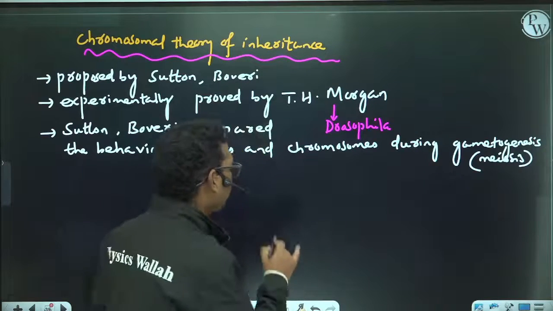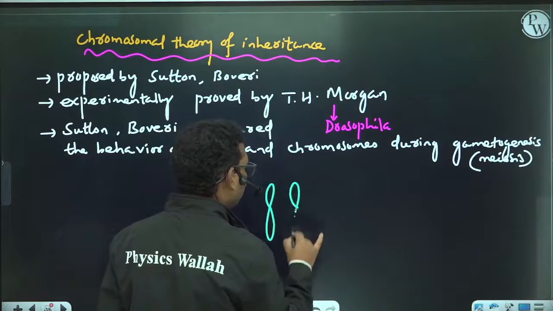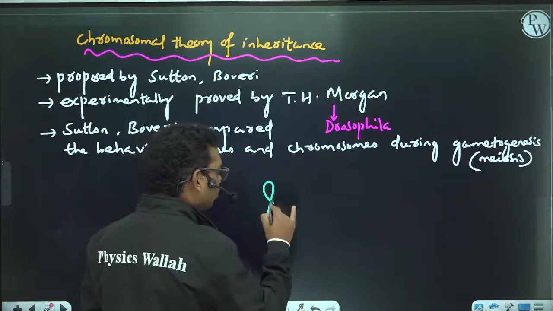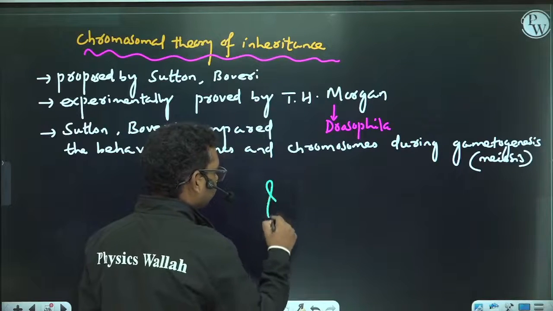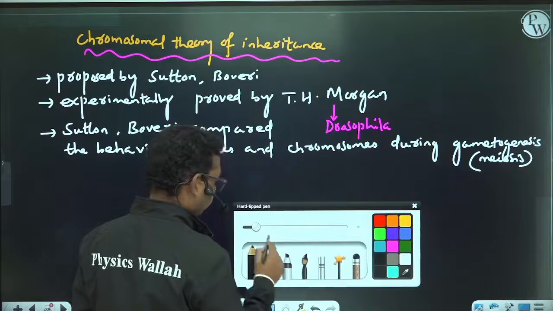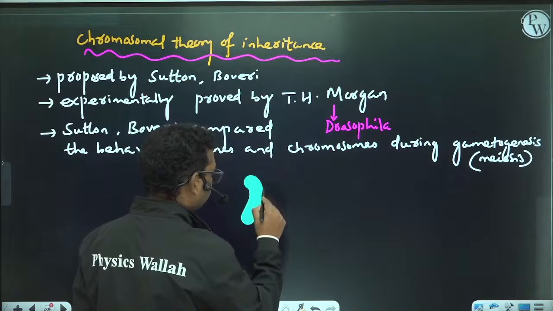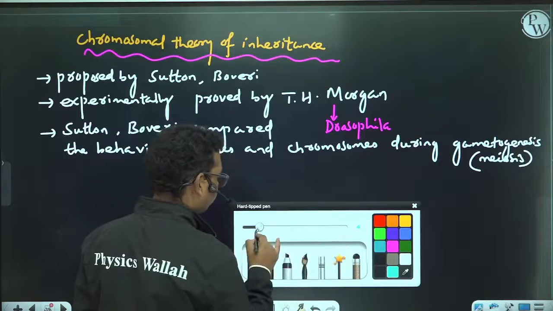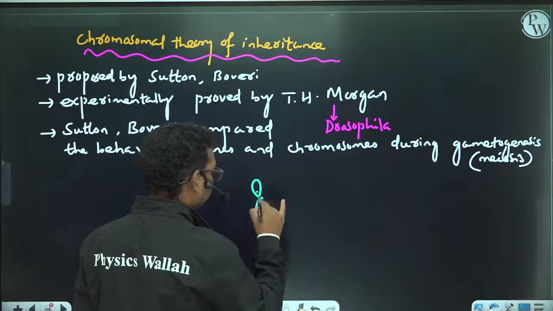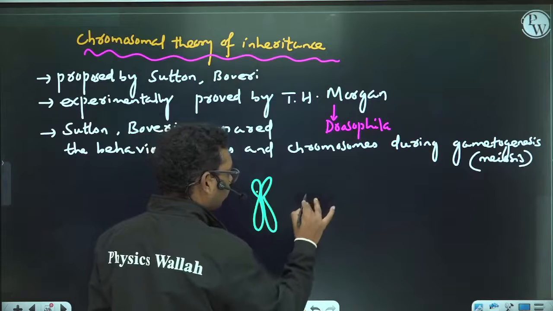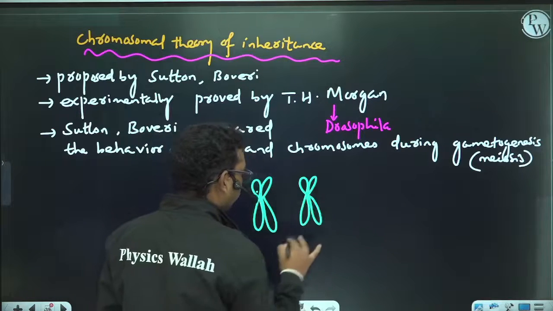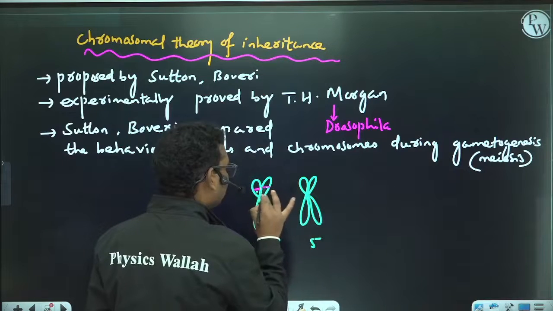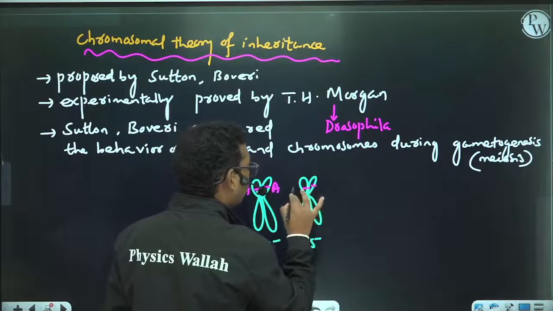For example, suppose this is chromosome number 5, and this is chromosome number 5. Suppose this one has capital A, this one has small a.